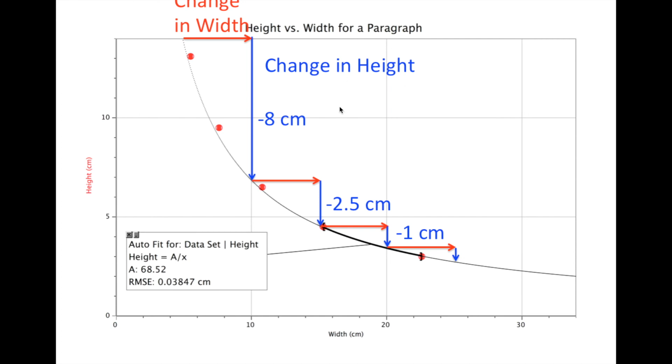As we change the width by another 5 centimeters, the height decreases by only 1 centimeter. So we see that as the width increases, for equal changes in width, the decrease in height decreases.